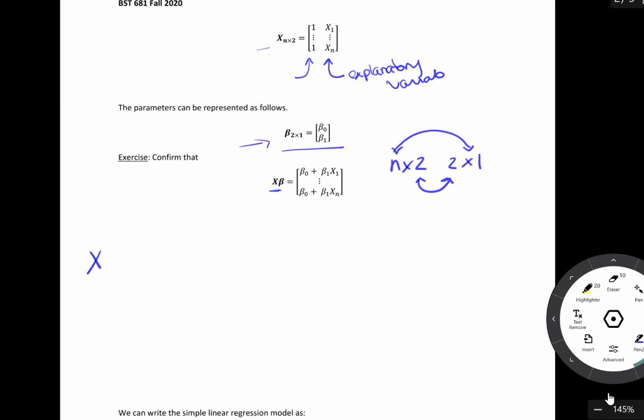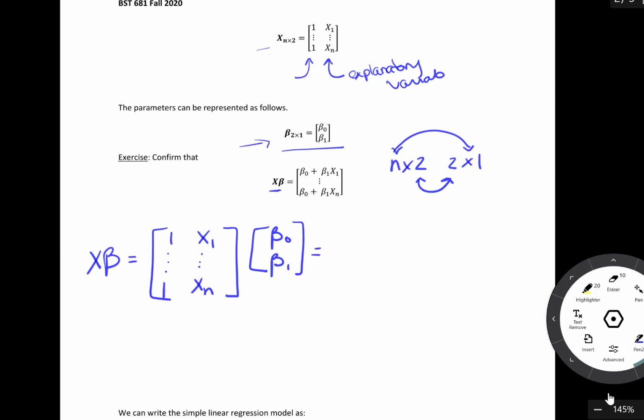Alright, so if we want to multiply the X matrix times the beta matrix, this is going to be equal to this matrix, which is the X matrix, multiplied by the matrix with the parameters.